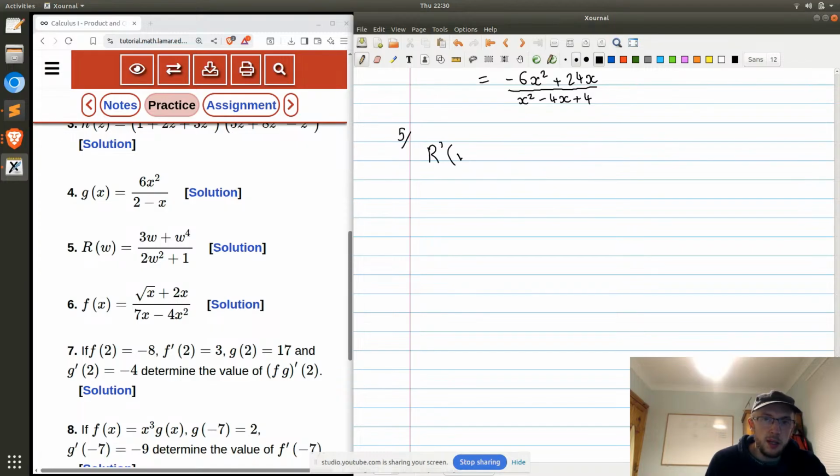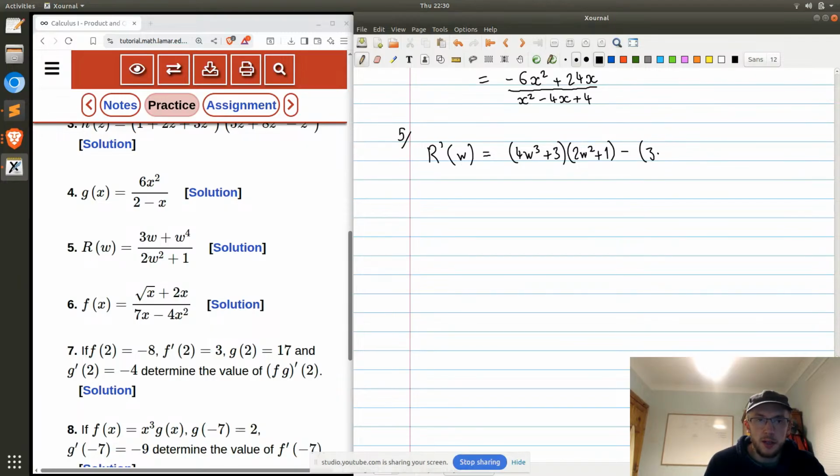R prime of W. F prime G minus FG prime all over G squared. So that prime minus F prime G minus FG prime.